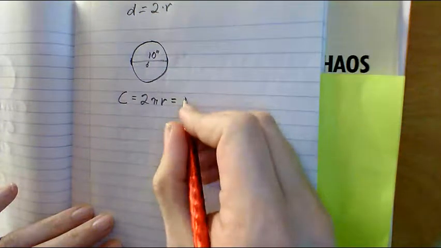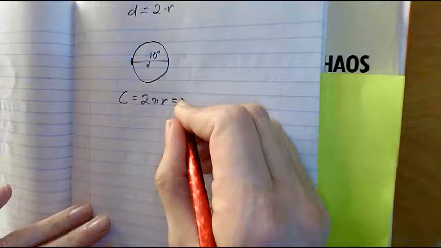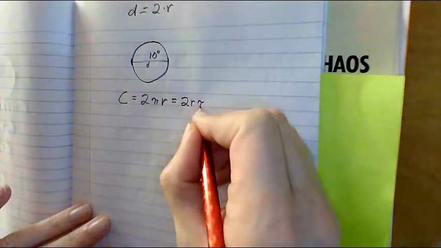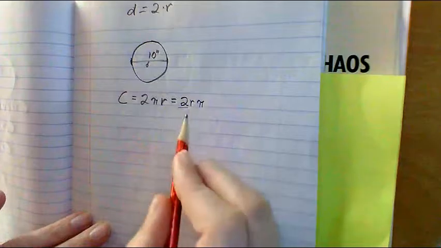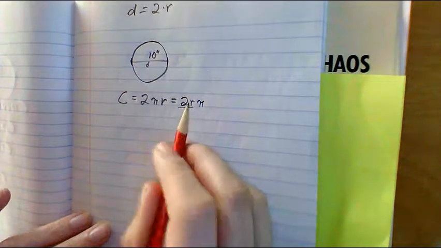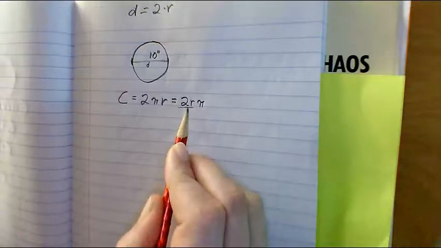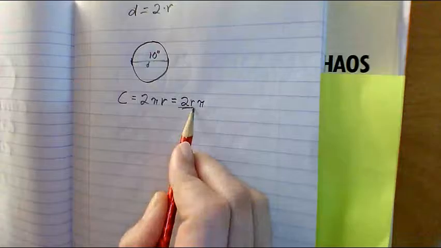I could say 2r pi. Now 2r, remember, that's 2 times r. If you have a variable right next to a number, that means you multiply. If there's nothing in between, that means you multiply. So this is 2 times r.